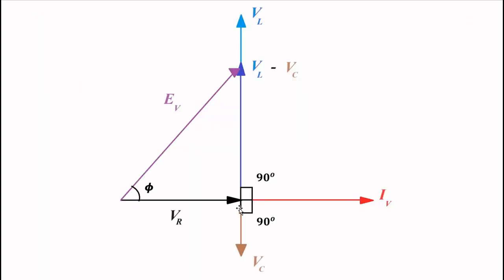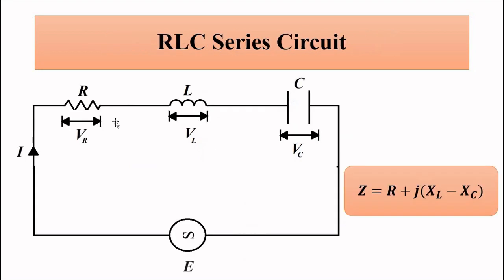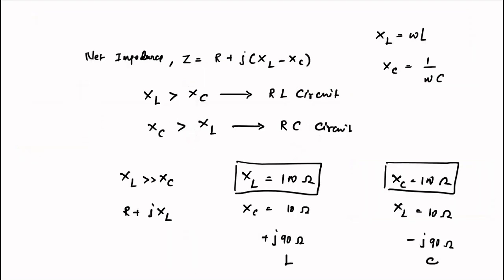Then we have the voltage drop across the inductor, which leads the current by 90 degree, and as you can see from the arrowhead, it is of high magnitude, because as XL is greater than XC, the voltage drop across the inductor will also be greater than the voltage drop across the capacitor, because voltage drop across the inductor is equal to I into XL, and voltage drop across the capacitor is I into XC.